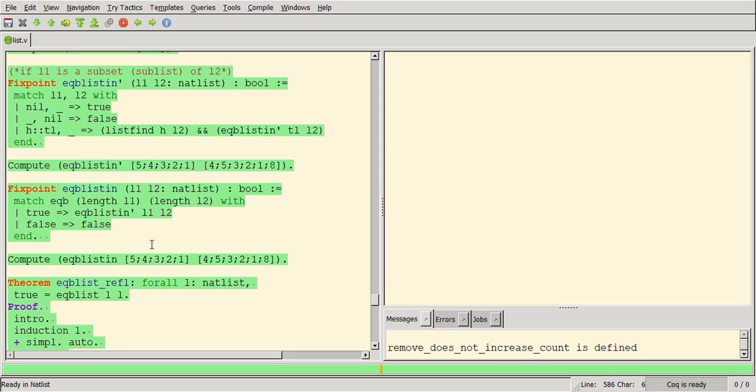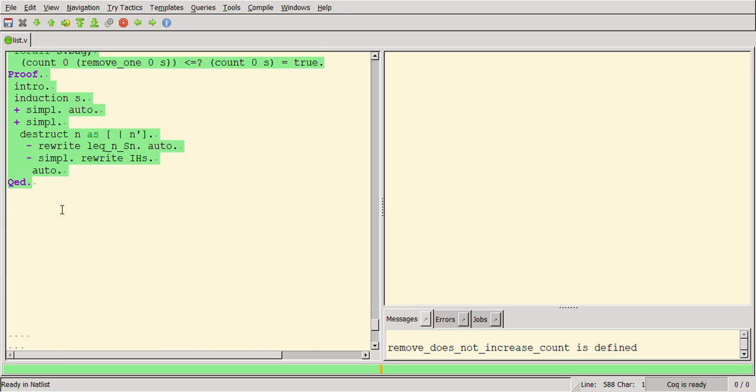We have just seen Boolean equality on list and prime, this function checks if L1 is a subset of L2 for any two lists, and this function doesn't compare if the two lists are of the same size, but it is for sure that if this equality on L1 L2 returns true, then the length of L2 must be greater than or equal to L1, and we have to prove this.